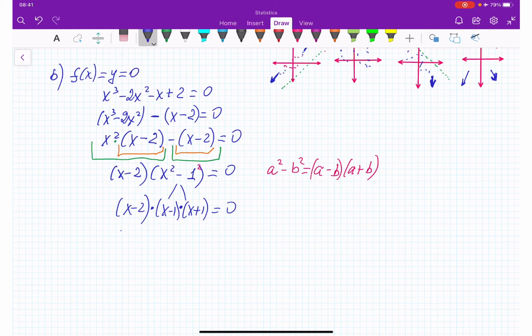So either x minus 2 is equal to 0, where x is equal to 2; x minus 1 is equal to 0 when x is equal to 1; and x plus 1 is equal to 0 when x is equal to negative 1. So our x-intercepts are going to be negative 1, 1, and 2. These are our intercepts.